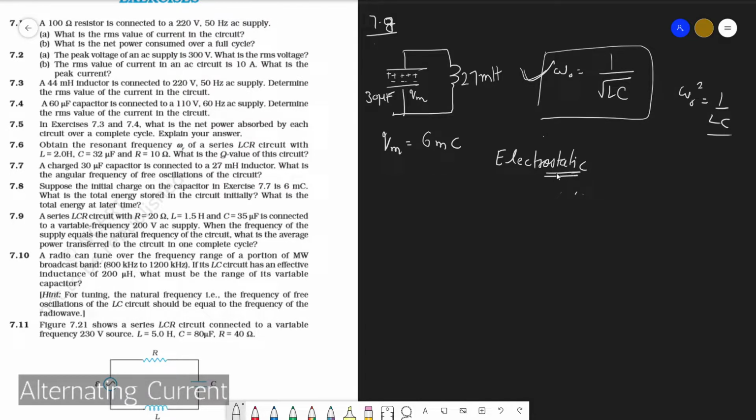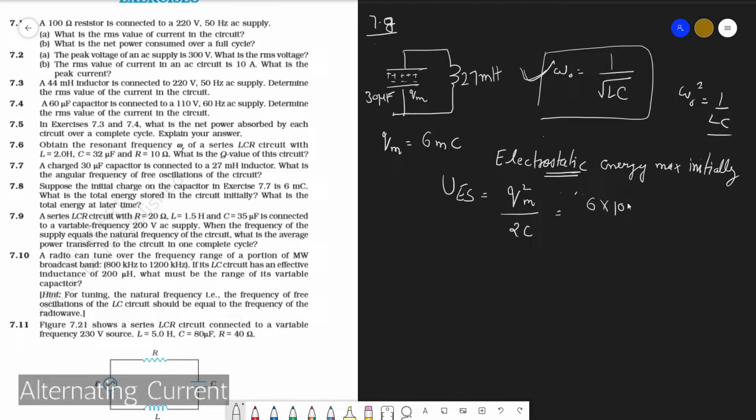Static means no motion of charges, no current is flowing at that time. So electrostatic energy is maximum initially. He is asking the initial condition, and electrostatic energy is given by q square by 2C.